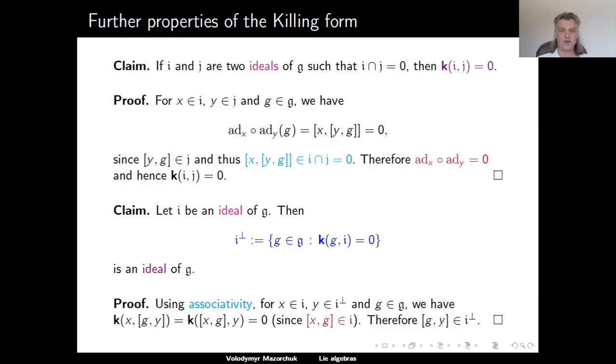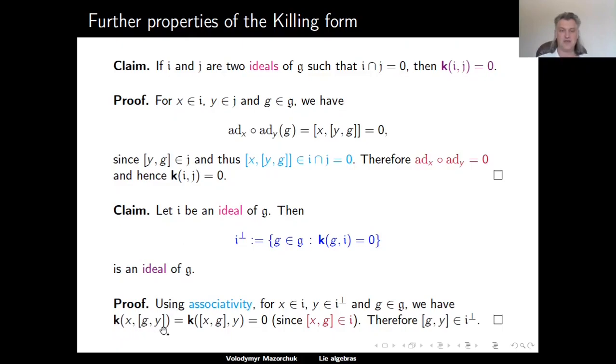To prove this property, we use the associativity of the Killing form. Take any element x in I, any element y in I orthogonal, and any element g in G. So we want to prove that the bracket of g and y belongs to the orthogonal subspace of I. For this, we evaluate the Killing form at x and the bracket of g and y.